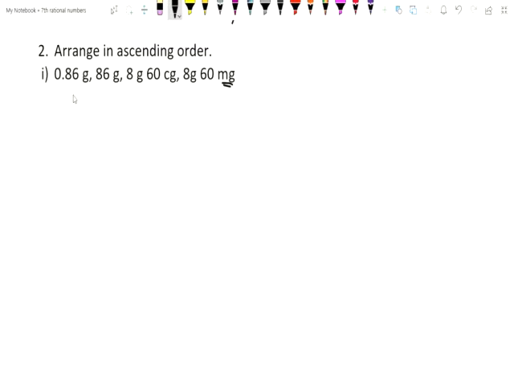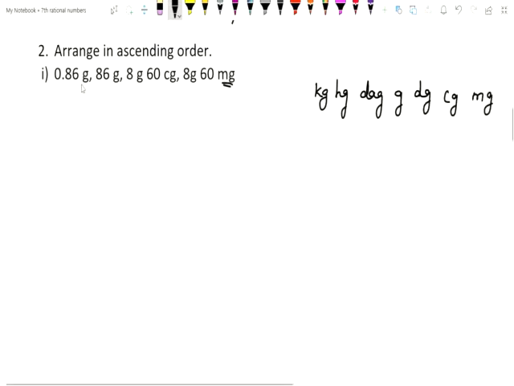First take the first number, 0.86 gram. We'll write the order here: kilogram, hectogram, decagram, gram, decigram, centigram, milligram. We are going to convert gram into milligram.